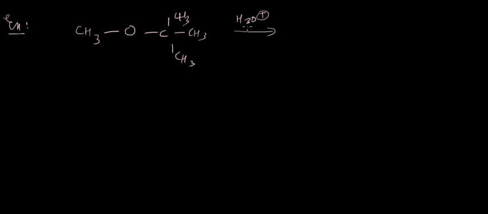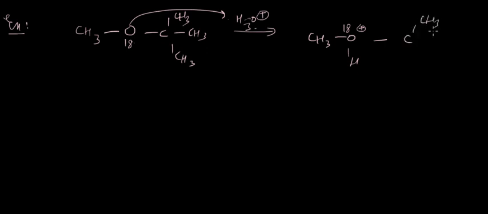So first of all, the oxygen atom from the ether will actually attack the H plus here, and it would form, let's say this is the O18 isotope, and it will attack on the H plus to form this compound. Now after this compound formation, this bond breaking will take place via SN1 mechanism.